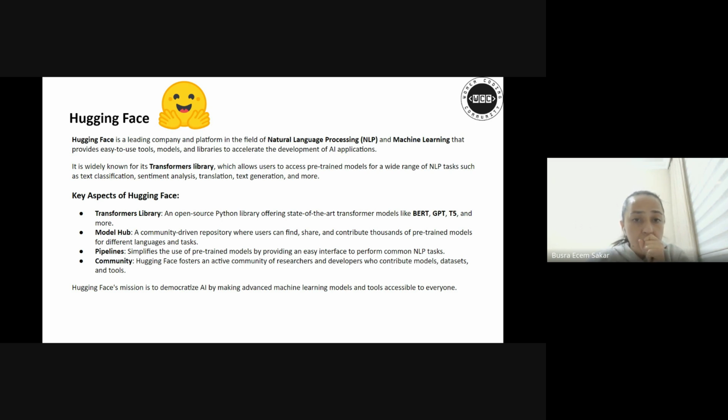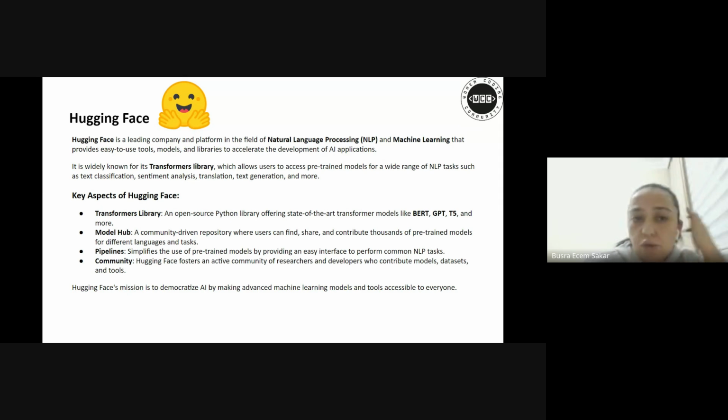And there are pipelines. So you can use these pre-trained models through pipelines, which are easy-to-use interfaces for performing NLP tasks such as sentiment analysis, text summarization, question answering with just a few lines of code.